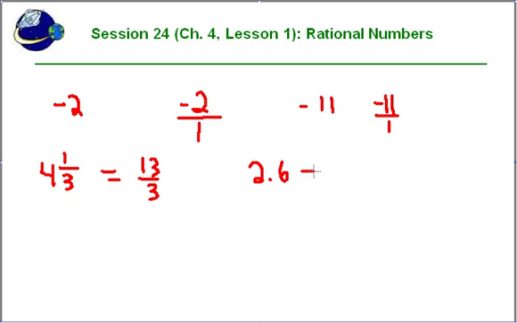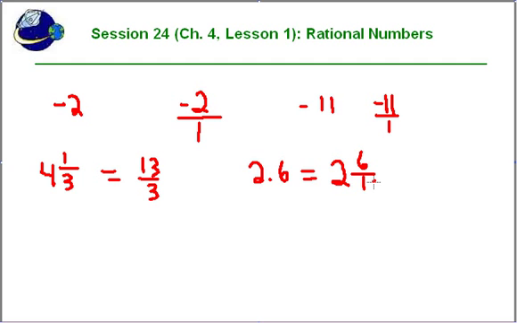And what you do is you rewrite it. You take everything to the left of the decimal point. That's the whole number portion of the mixed number. Then you take what's after it. What's another way of pronouncing 2.6? Well, the 6 is in the tenths place. Another way of pronouncing 2.6 is 2 and 6 tenths.